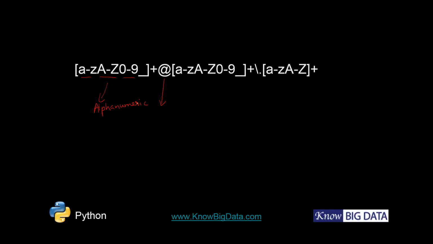So any alphanumeric and underscore can be there one or more times before @. And after @, I'm saying the same thing: alphanumeric one or more times followed by a dot.